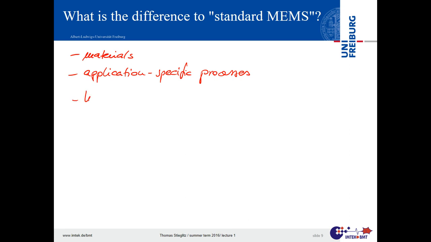Maybe the autonomy, so you can operate it without external supply. Any other ideas? Size. All right. If you compare your smartphone with a cardiac pacemaker.